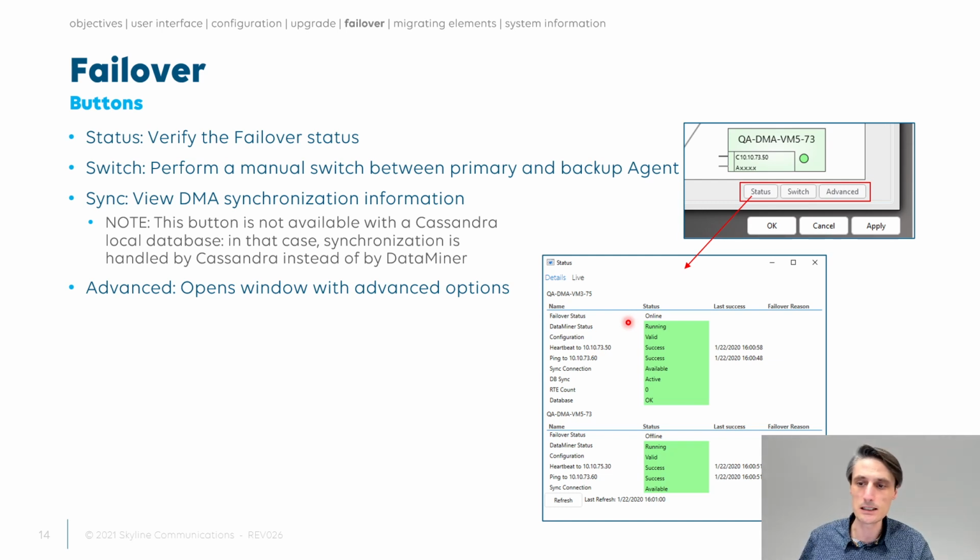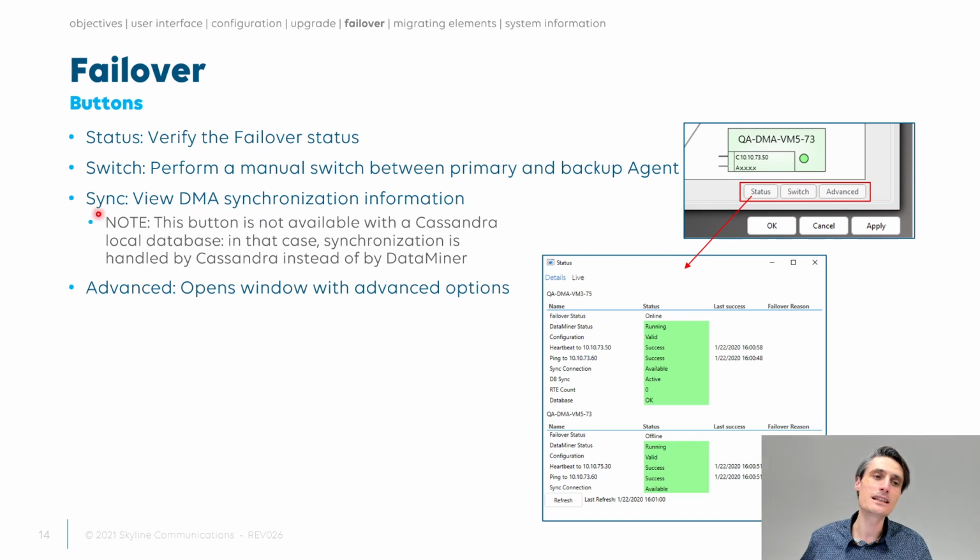So you have some more details there on the actual status of that syncing between those two DataMiner agents or the two failovers. The next button is the switch button that allows you to do a manual switch. So if I want to initiate a manual switchover, that's the place where I can do it.